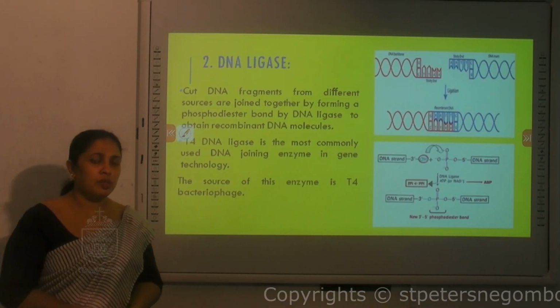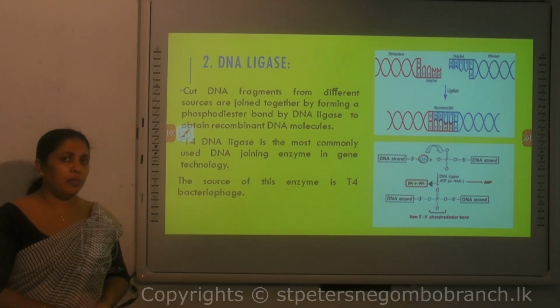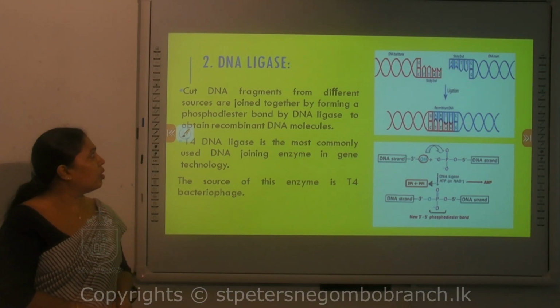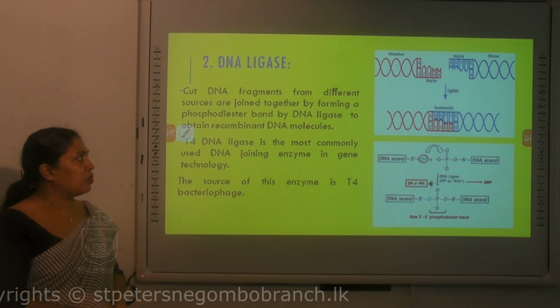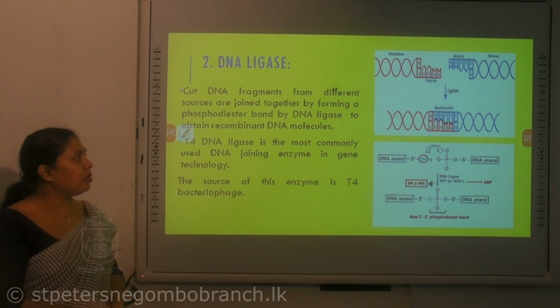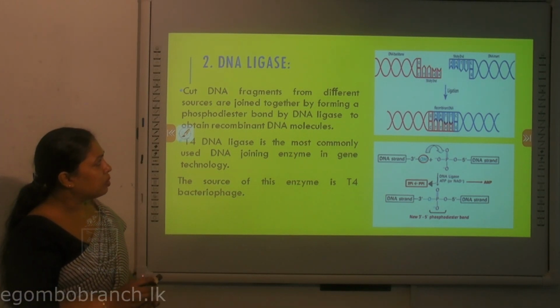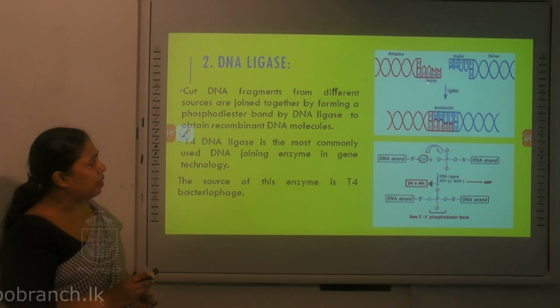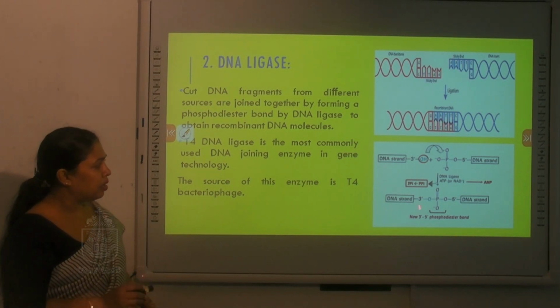The second enzyme which we are using is DNA ligase. It is in the DNA replication mechanism also. DNA ligase is ligating, which means it seals the cut ends. Here, ligation of the cut end or sticky end happens using DNA ligase.